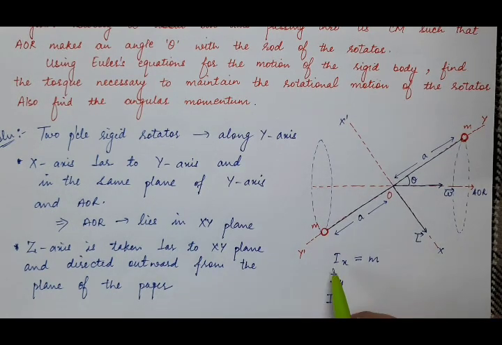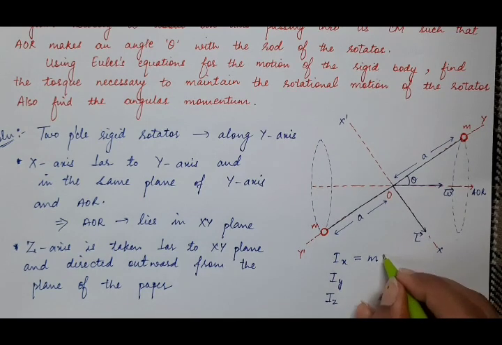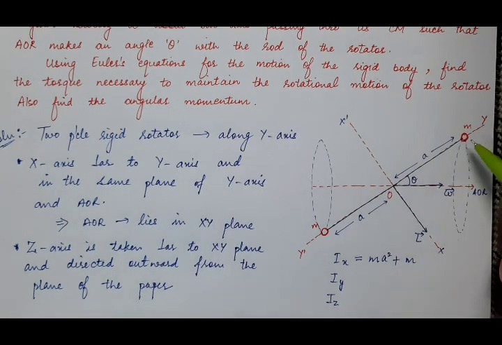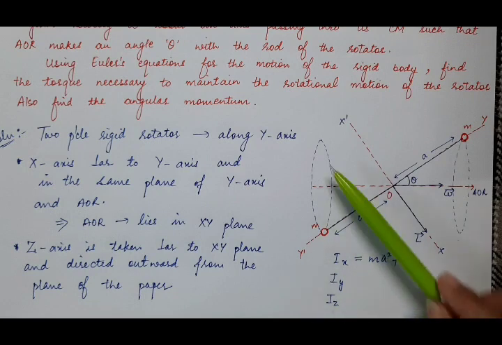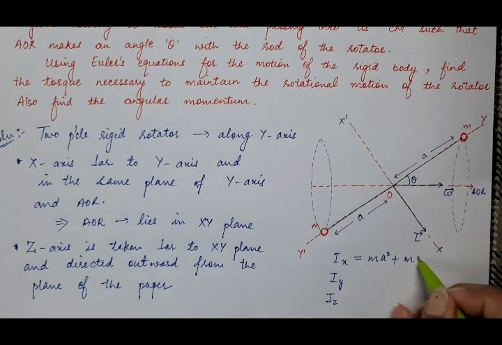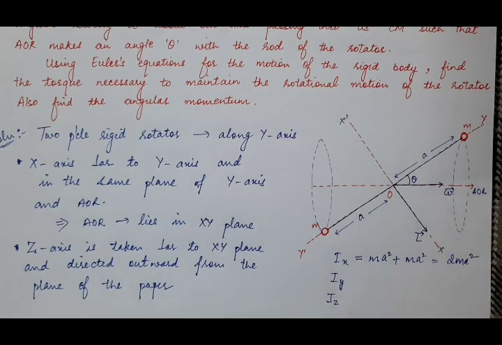What is the distance of this mass m from the x-axis? It is a. So ma square plus m2r2 square. m2 is also equal to m. And what is the distance of this second mass from the x-axis? It is also a. So ma square plus ma square, it will be 2ma square.